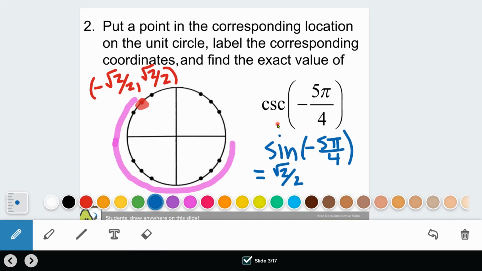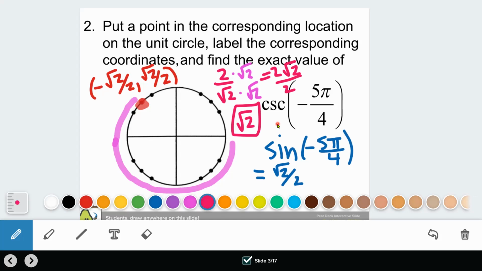So we want the reciprocal of that, which is going to be 2/√2. I'm going to rationalize that, which means I'm going to multiply the top and bottom by √2, and I'm going to get 2√2/2. And I can reduce that down to √2. So the final answer for that is going to be √2.